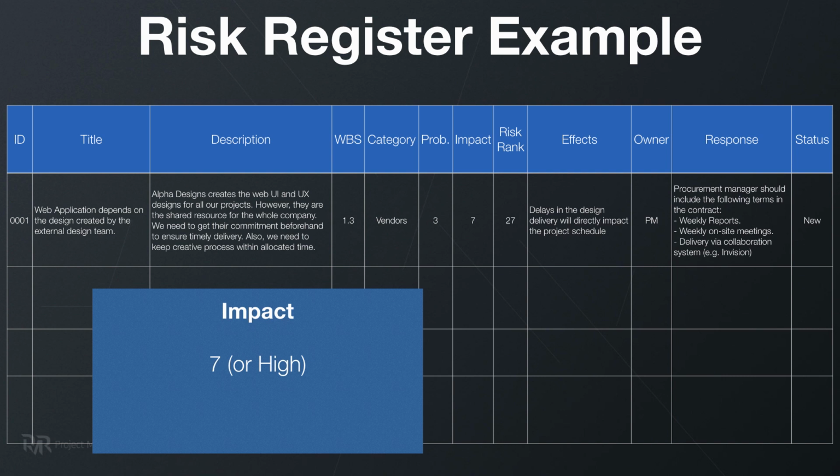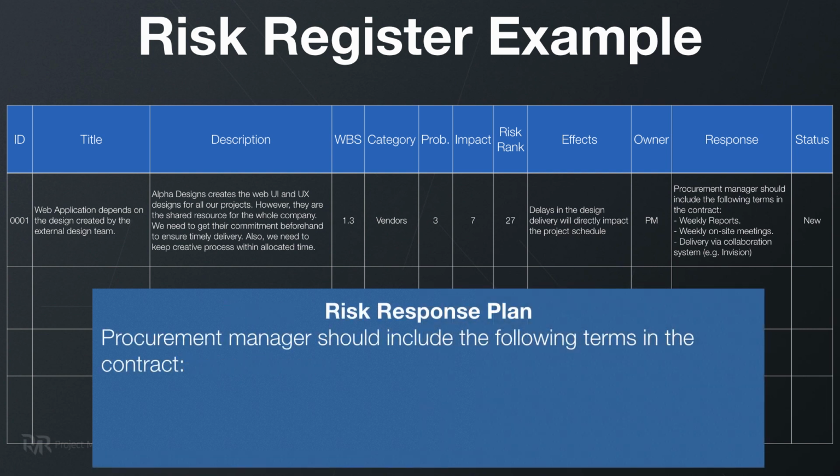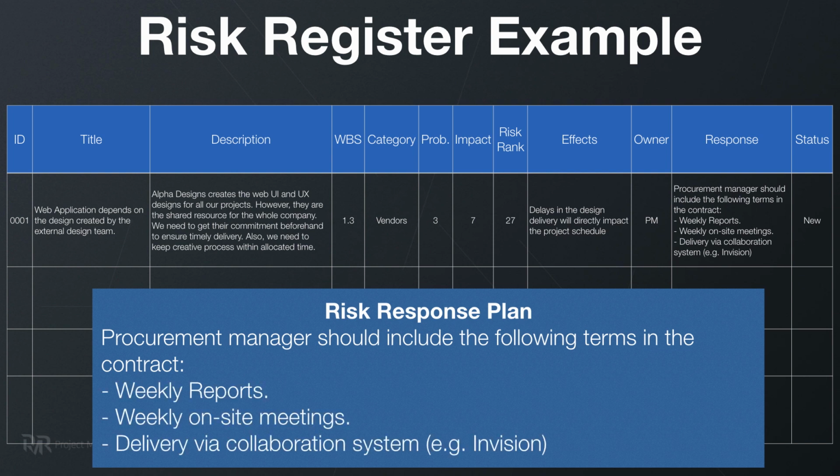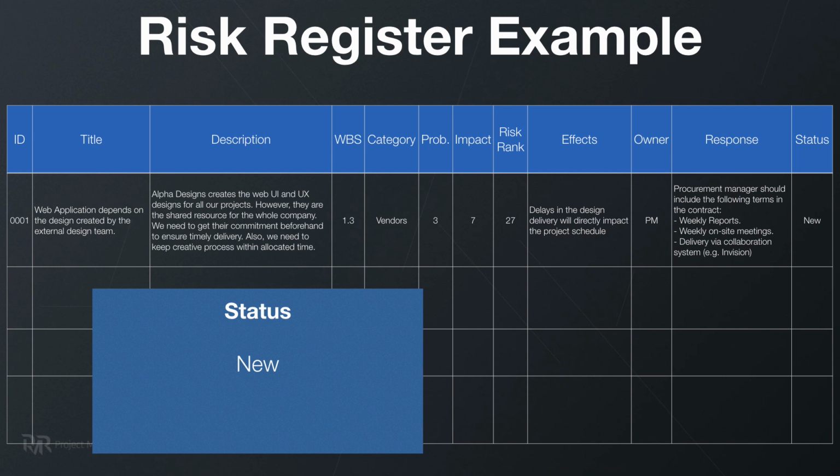So every day of delay in delivering these designs will delay the start of the development process. Owner, the project manager, Dmitry Nezhebetsky. Risk response plan. Procurement manager should include the following terms in the contract: weekly reports, weekly on-site meetings, delivery via collaboration system, for example InVision. And status is new because we're just starting out.